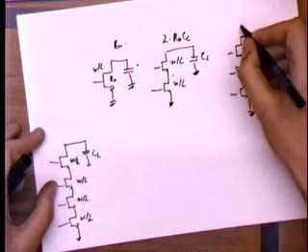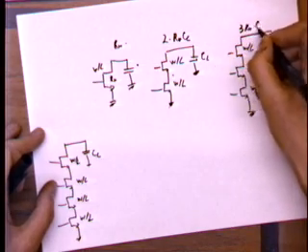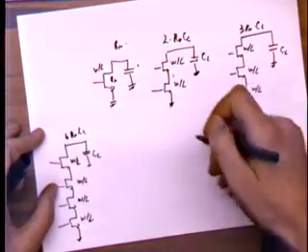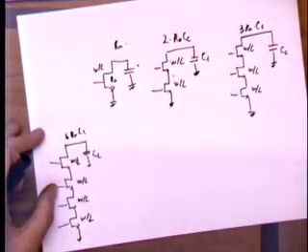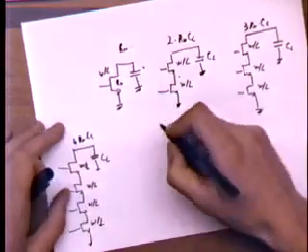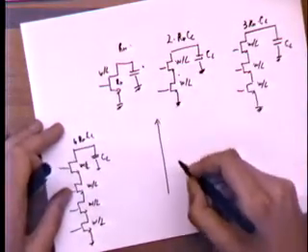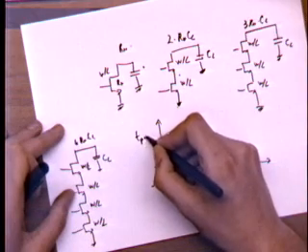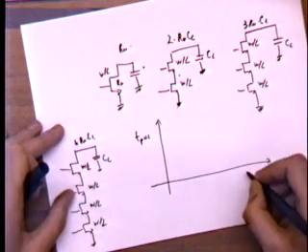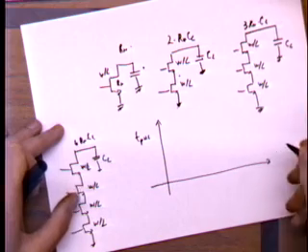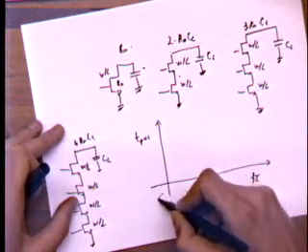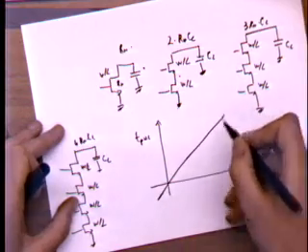The third one would have 3Rn times CL. And the fourth one will be 4Rn times CL. And the fifth one, the sixth one, the seventh one, there will be 5, 6, 7 Rn times CL. Okay? In other words, if I was to plot, according to this model, the tP high to low as a function of the number of inputs, which is also called the fan-in of the gate, this will be a linear function. Okay?